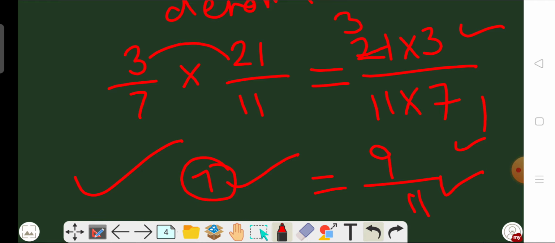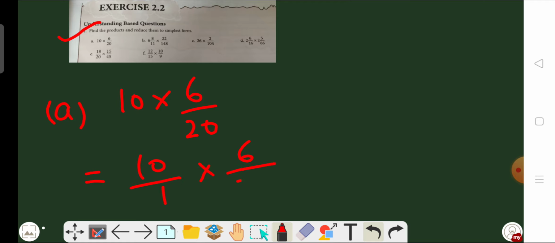Now let us start the exercise. So exercise 2.2, question number first. Find the product and reduce them into the simplest form. So A part is beta 10 multiplied by 6 by 20. To find this multiplication, we can write 10 as 10 by 1, 6 by 20. So numerator should be multiplied by numerator and denominator should be multiplied by denominator.